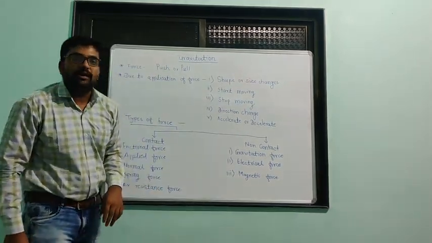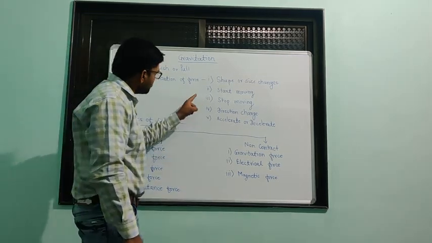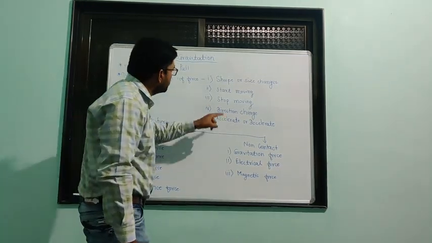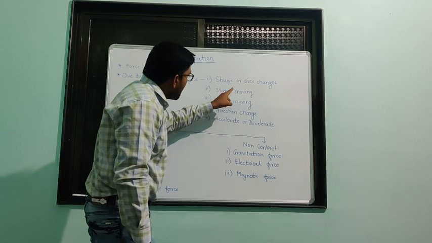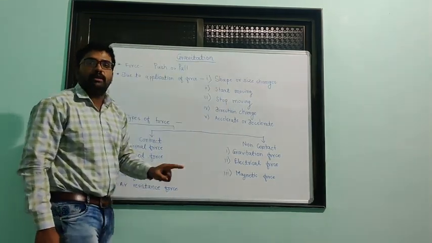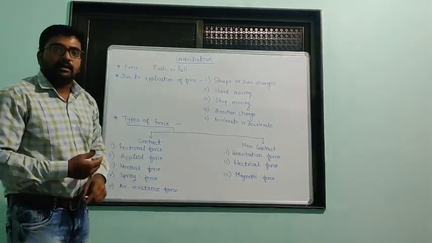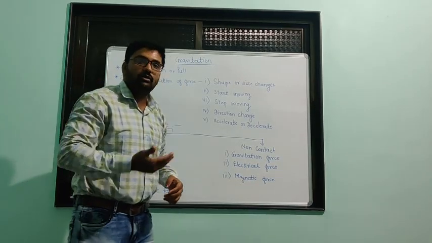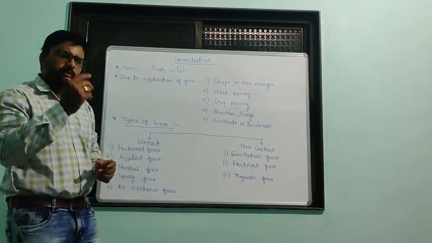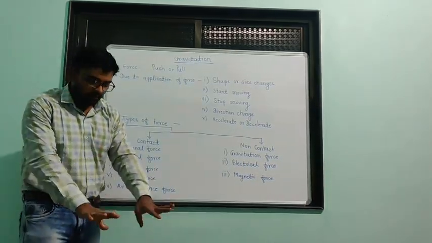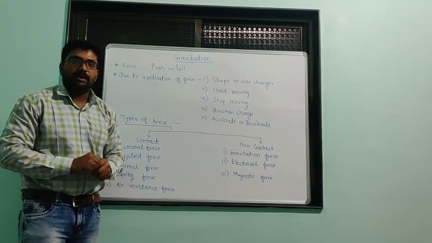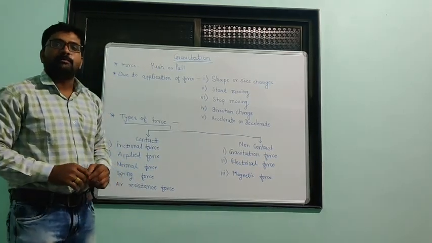The second thing is that by the application of force, we can start moving an object. We can simply give velocity to a particular object. Suppose one football is placed here, and I kick that football.